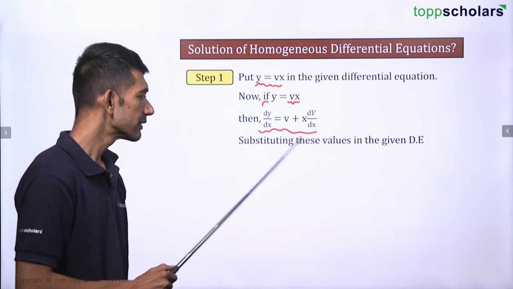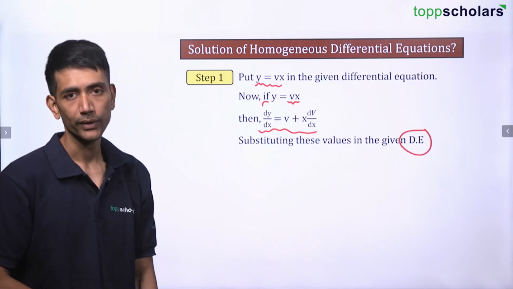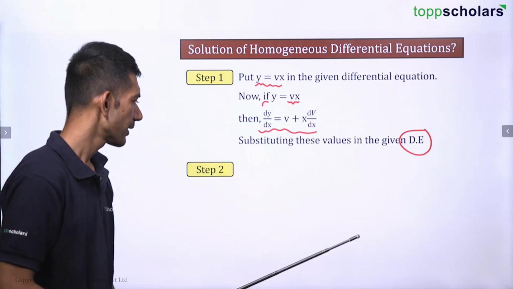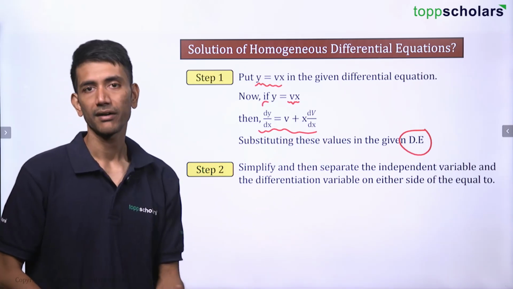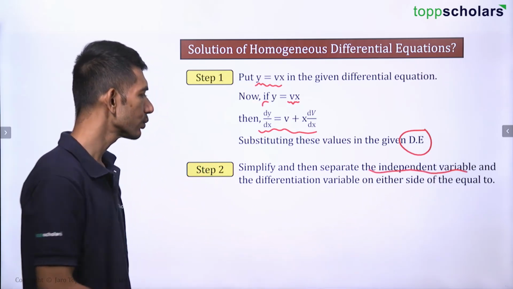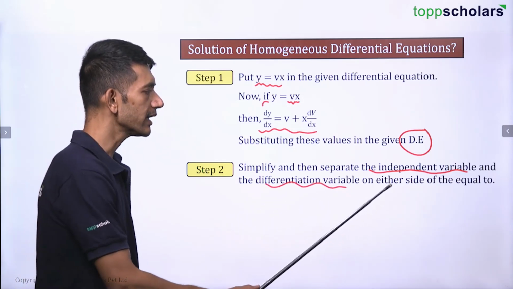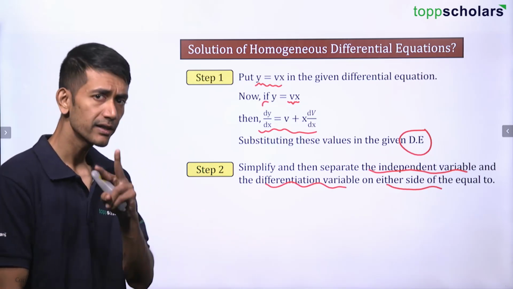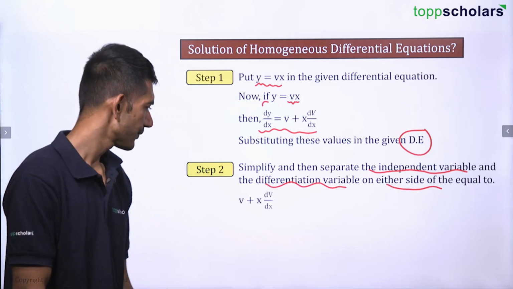We'll substitute these values in the given differential equation. After that, we'll simplify and separate the variables. You have already done this, you know how to do that. The differentiable variables go on either side of the equation, the x terms on one side and the v terms on the other, and then solve it.